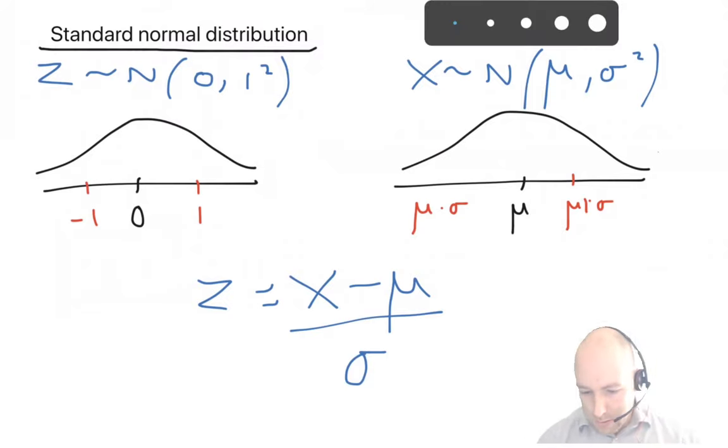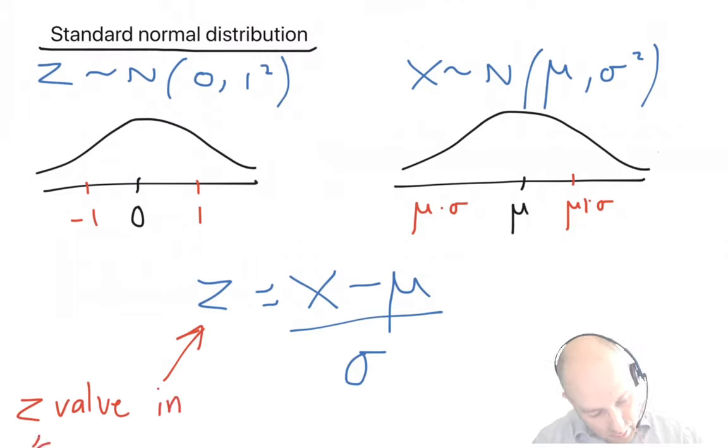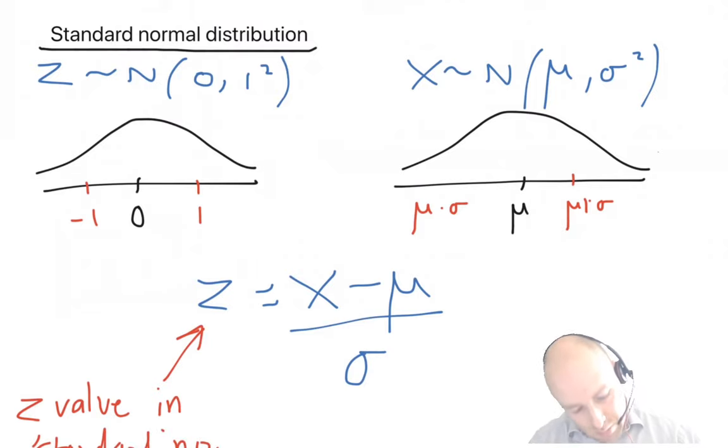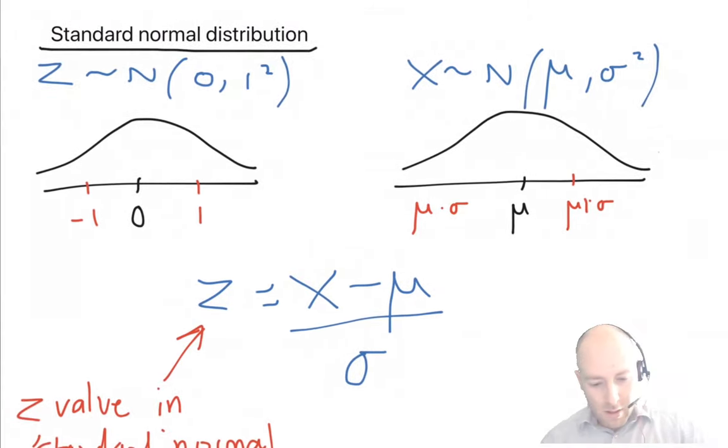So let's just put some labels on this. So this is the Z value in standard normal. Oh, there's not enough room on the screen today. I'll need to fix that. So that says Z value in standard normal. I have written slightly off the screen there.